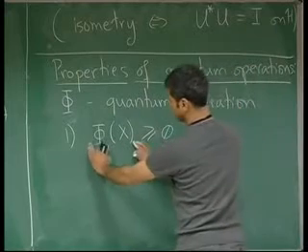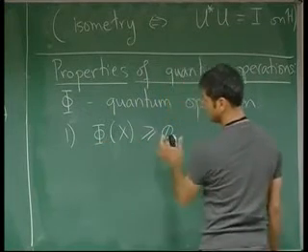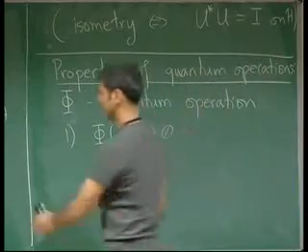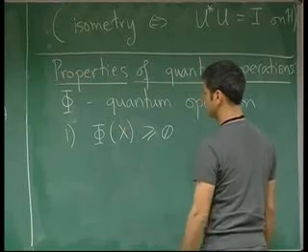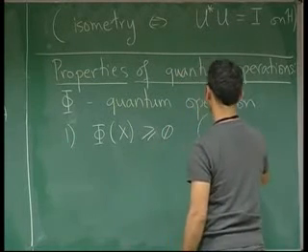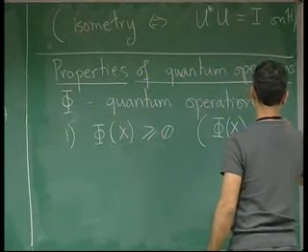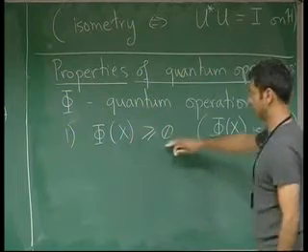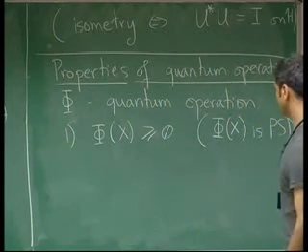Phi is some operation operating on a matrix, and it gives you another matrix. That matrix is positive semi-definite. This is some notation I'll introduce in more detail tomorrow.